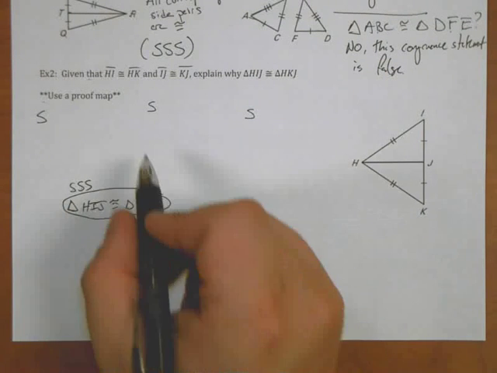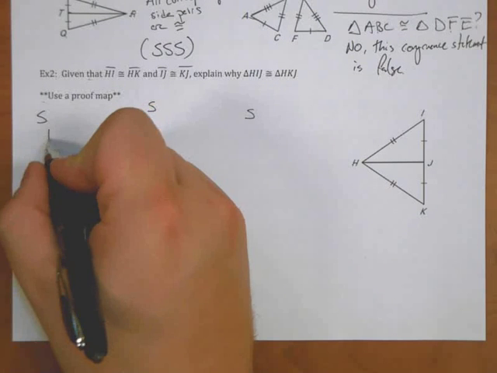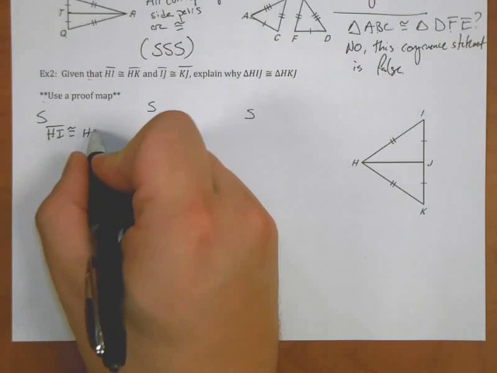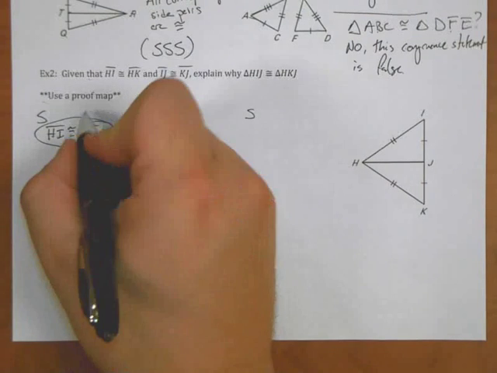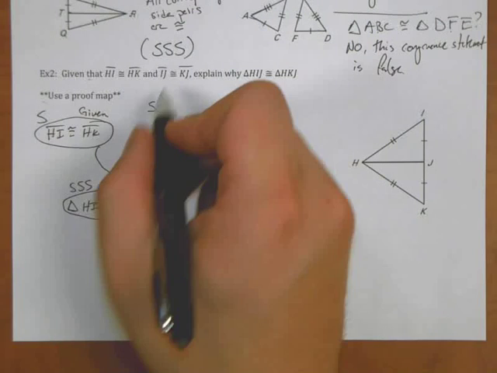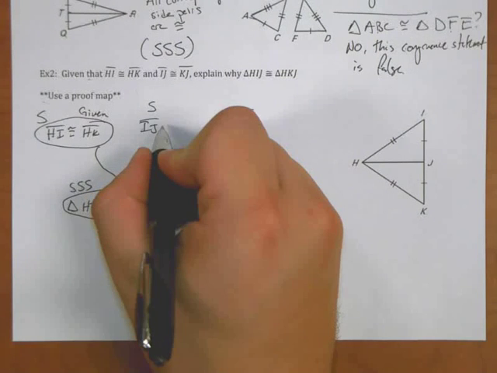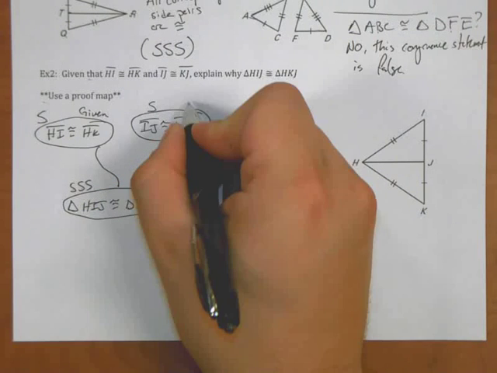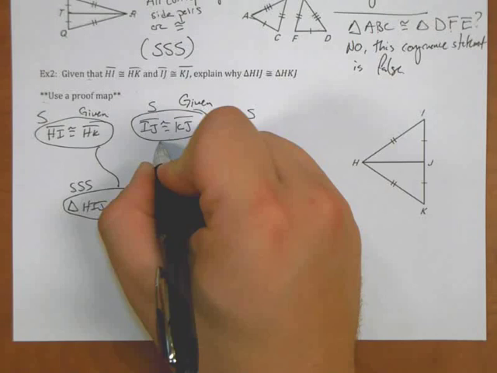So I'm going to find a couple pairs of sides, and the first ones I think are the obvious ones, the given ones. I know from the diagram that segment HI is congruent to segment HK, and that's given to me. I know also that segment IJ is congruent to segment KJ. That's given.